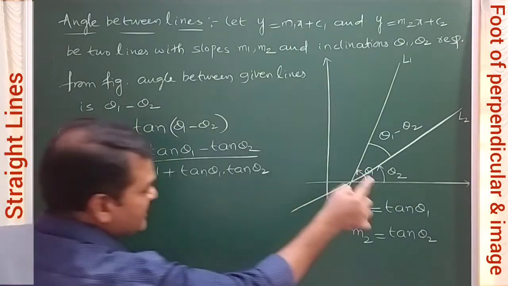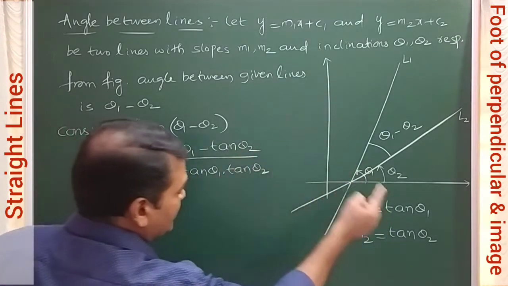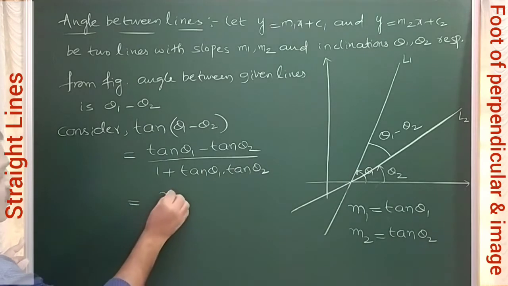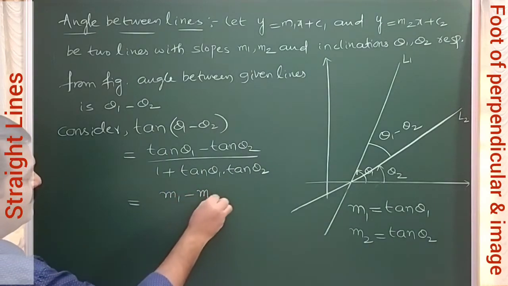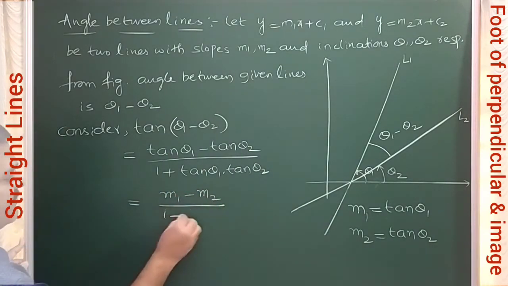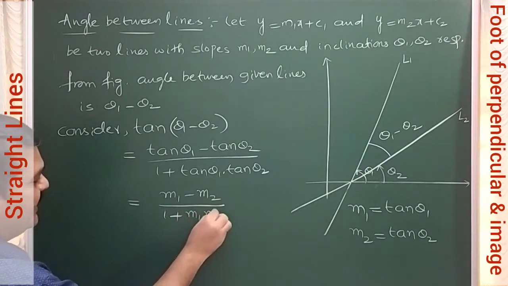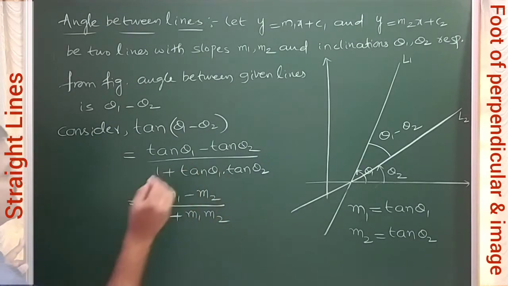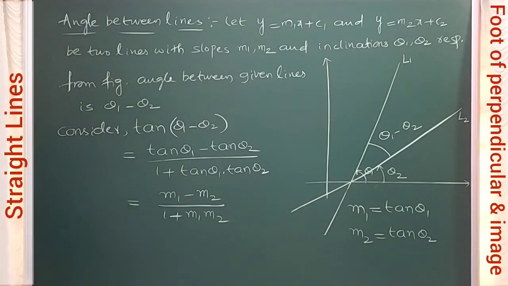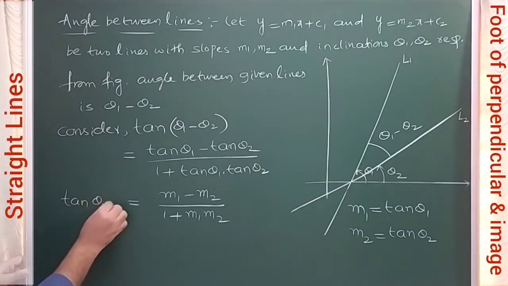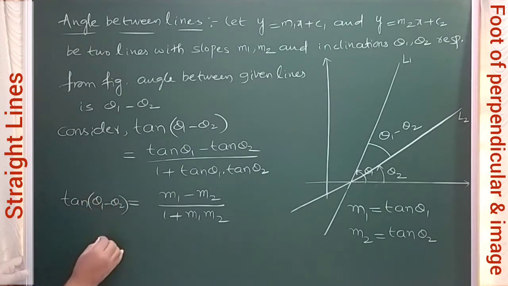Tan theta 1 is m1, tan theta 2 is m2. So therefore, we will get m1 minus m2 by 1 plus m1 m2. This is the value of tan of theta 1 minus theta 2.